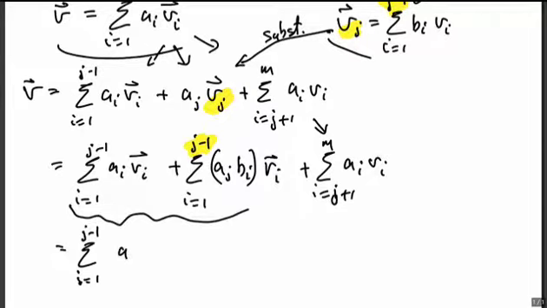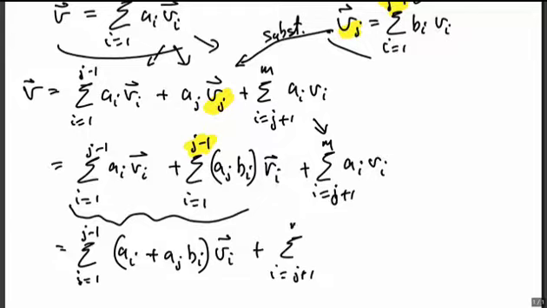Let me write down the combination of all this. So we have ai and then aj multiplying bi. This is the scalar coefficient of vectors vi. And then plus we have the rest from j plus 1 to m, ai, vi. Alright, but then what do we see here?